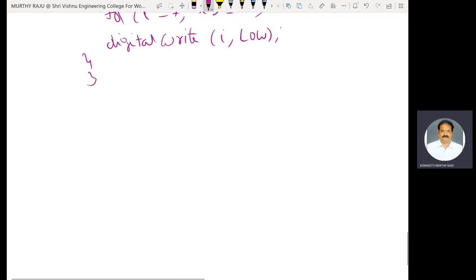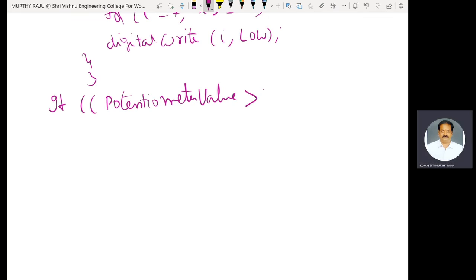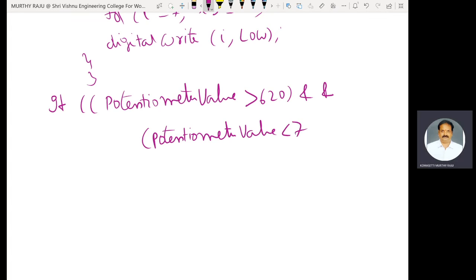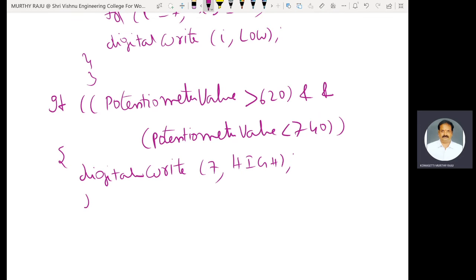Next, the potentiometer value. If potentiometer value greater than 620 and less than 740, curly bracket open, digital write, the seventh pin is high, delay 100 milliseconds.